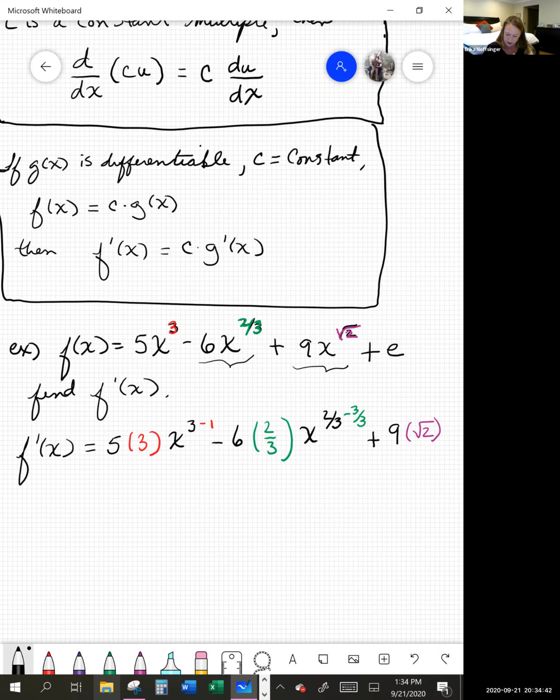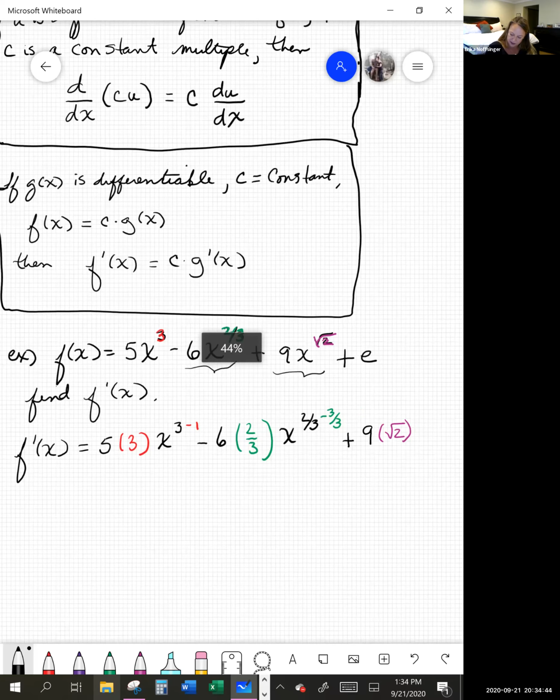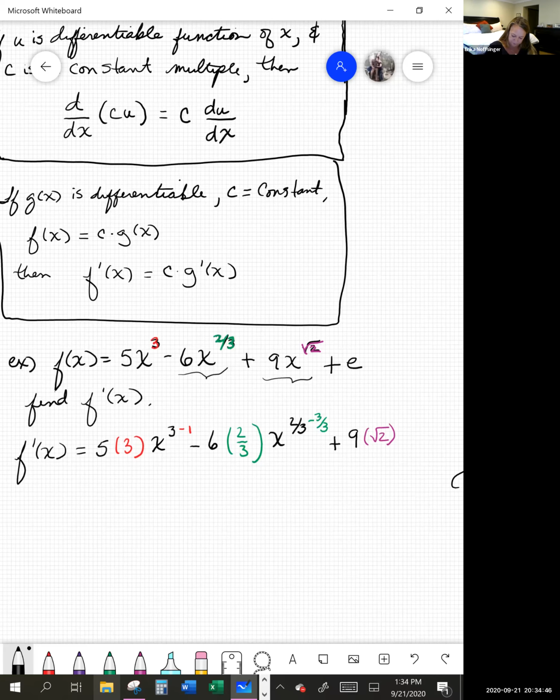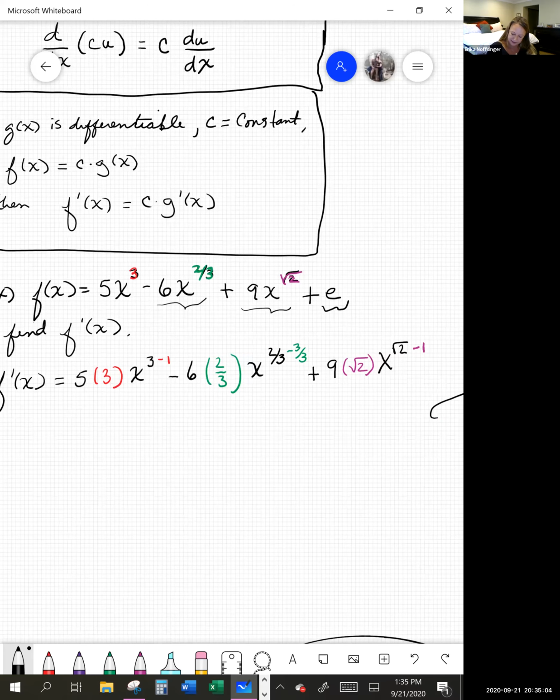X all raised to the root 2 minus 1. Well, there's nothing I can really do right there. And then last but not least, taking the derivative of e. Well, e is just a constant. And so this would be plus, and remember that was the first thing we talked about.